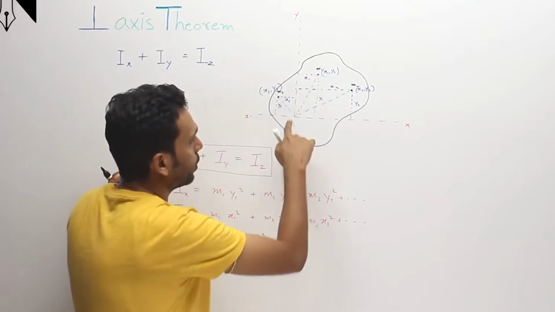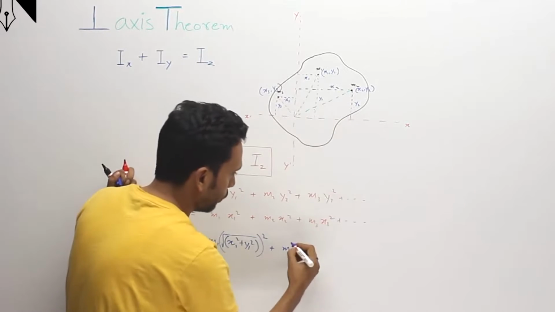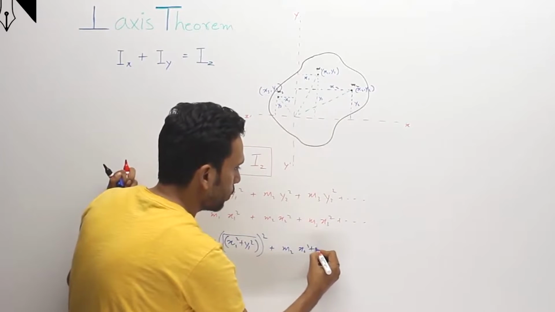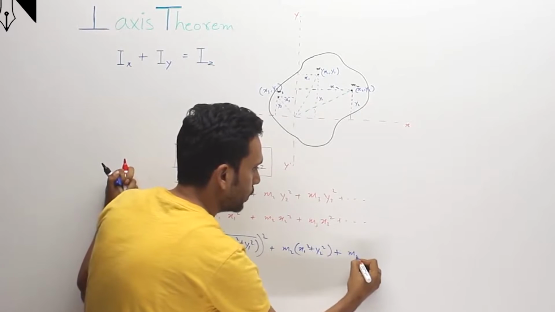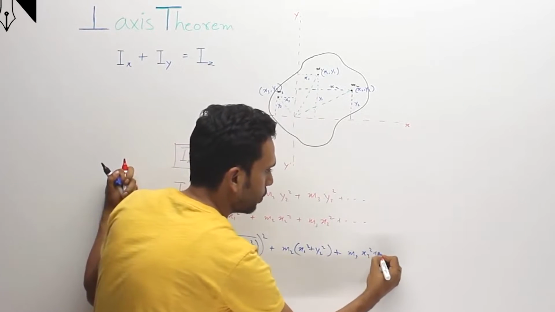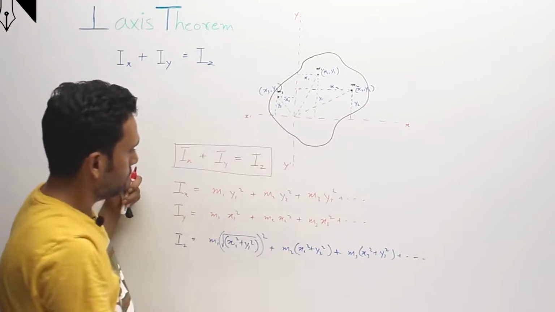Similarly, m2 would be what? This distance. So that distance is y2 square plus x2 square under root of that. So square of that, x2 square plus y2 square. Next one, m3 similarly would be x3 square plus y3 square, and so on. So what do we get?